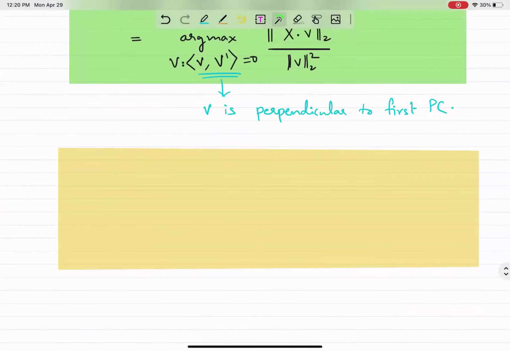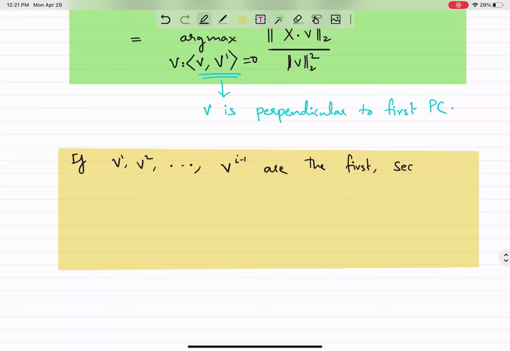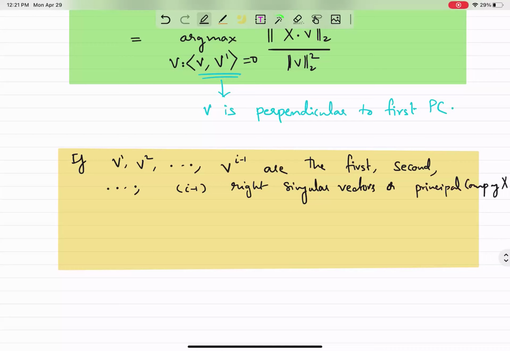Okay, so all of these are the same. So if I've already defined v1, v2 up to v(i-1), the first, second, third, up to (i-1)th principal, right singular vectors, are principal components of the data set, then you can define the next one as the vector that maximizes this ratio, right?